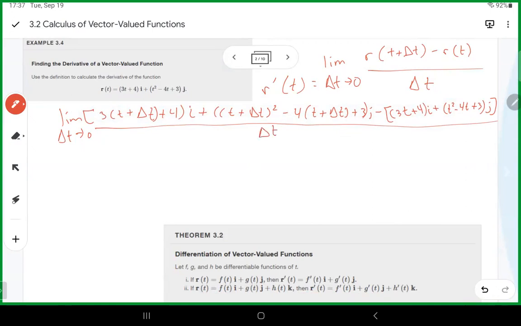All right, then we're going to work through some distribution, cleaning it up a little bit. So we'll have minus.